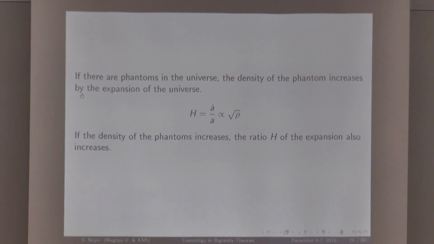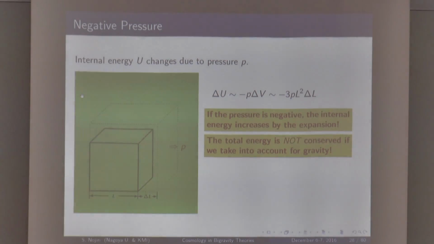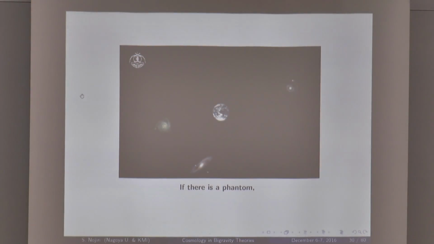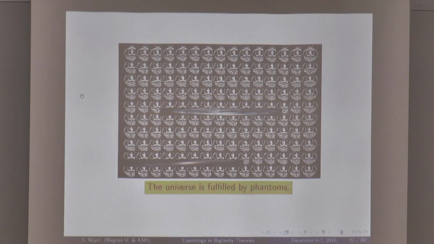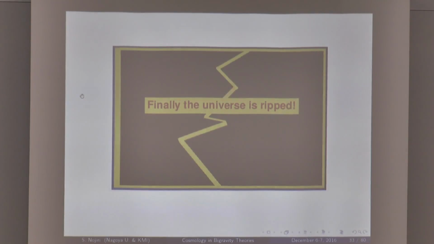So if the density of the phantom increases, H also increases. The expansion grows further, the universe is filled by phantoms, and finally the universe ends in the big rip.